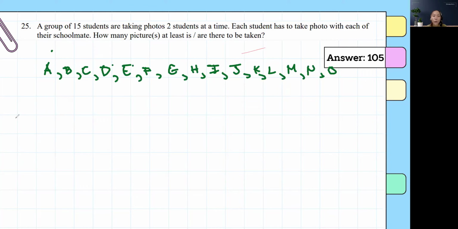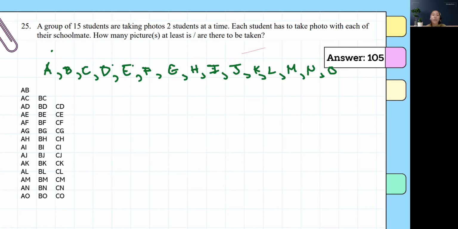Okay. So if we want to take a picture of A with B and until O, we would have a sequence like this. A paired with B, A paired with C, A paired with D, and so on until he is paired up with O. Then the next person, B, is paired up with C because he's already done with A, right?